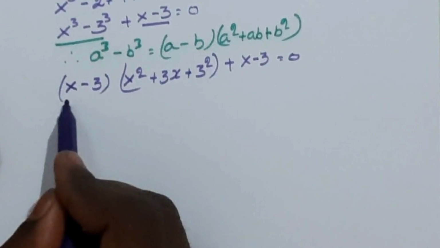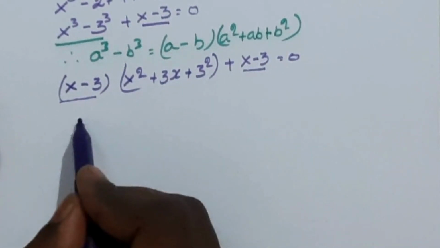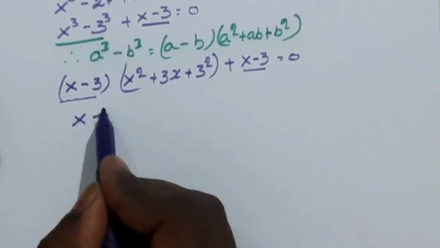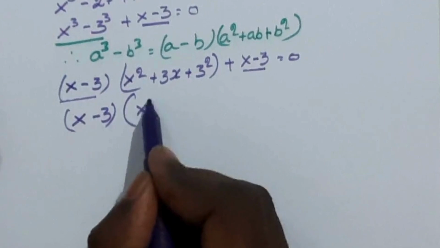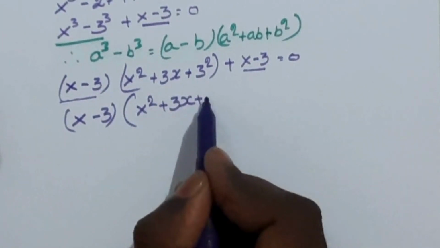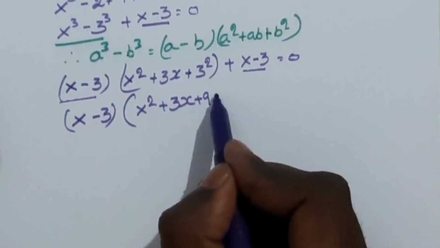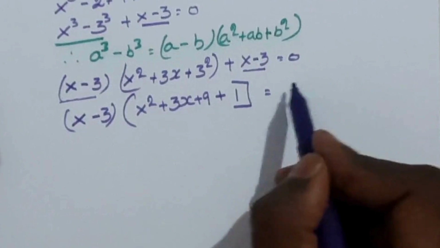Now we are going to take this x - 3 common out. So (x - 3)(x square + 3x + 9 + 1) = 0.